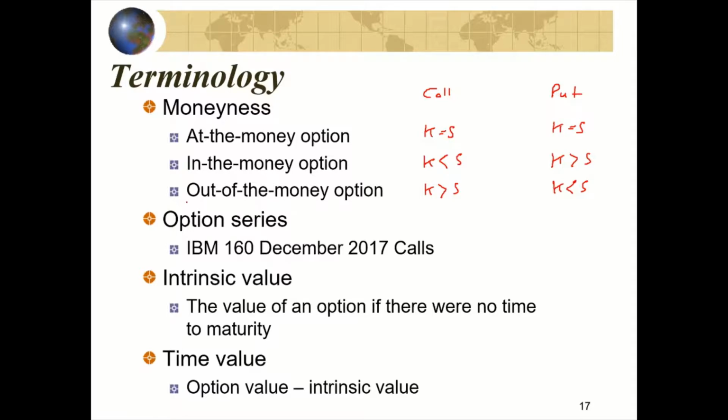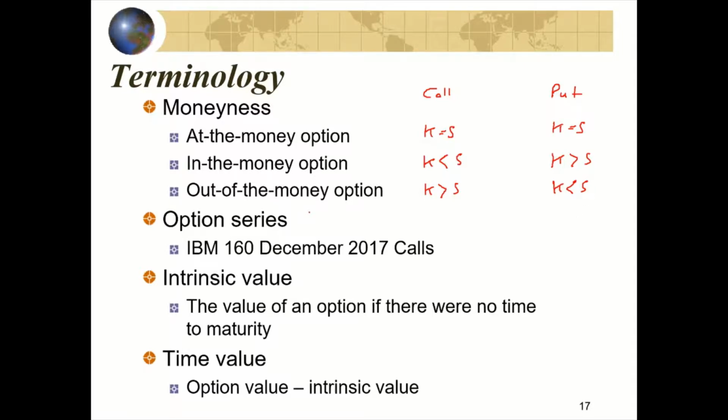The option will be out of the money in the case of a call if K is greater than S, and a put option will be out of the money if K is less than S.